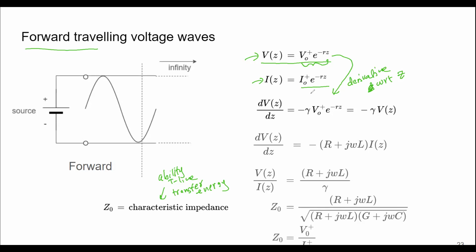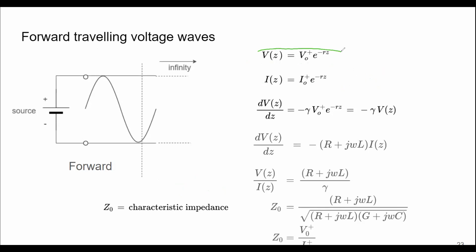I hope it is clear to you. We take the derivative of this with respect to z and we compute dV over dz. Then we can write that it is equal to minus gamma into V(z), because this term is again equal to V(z).